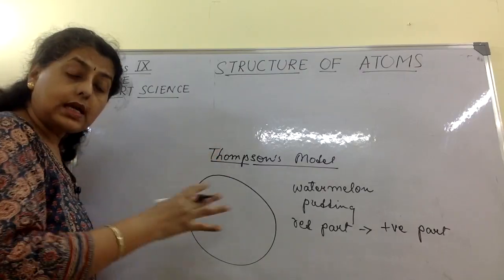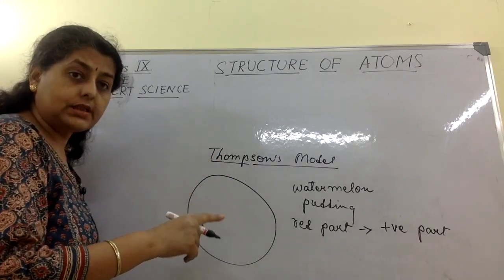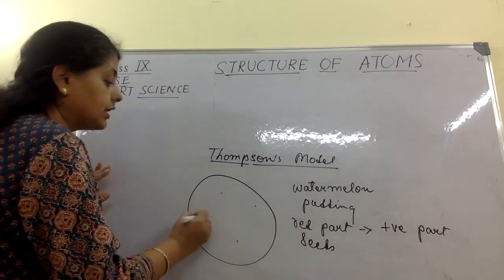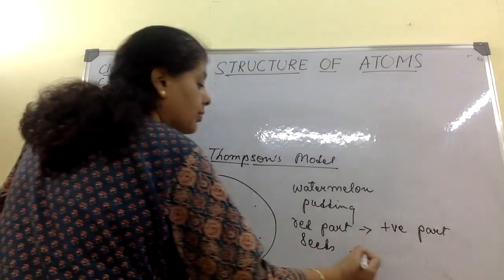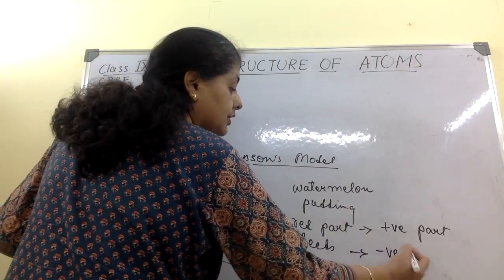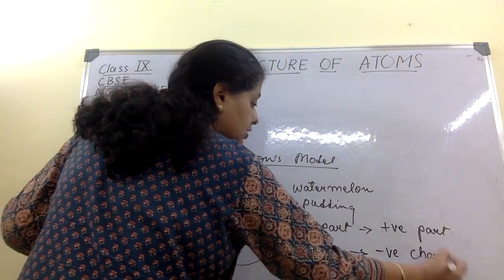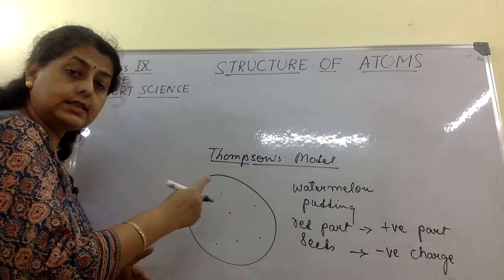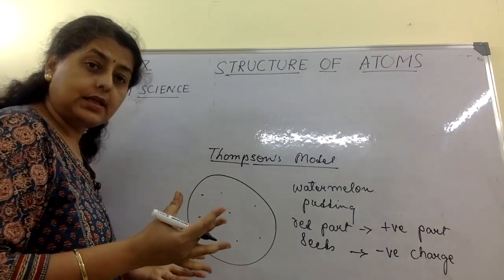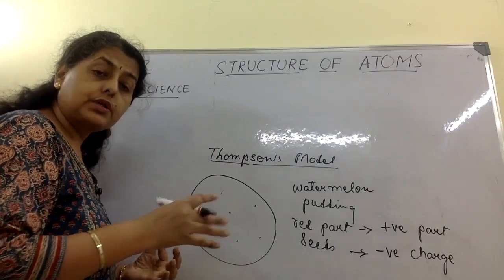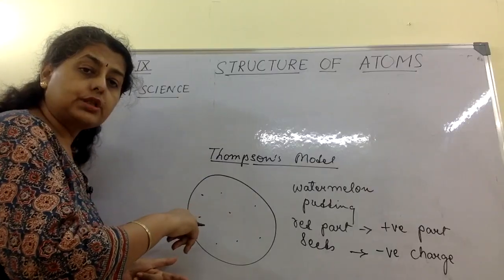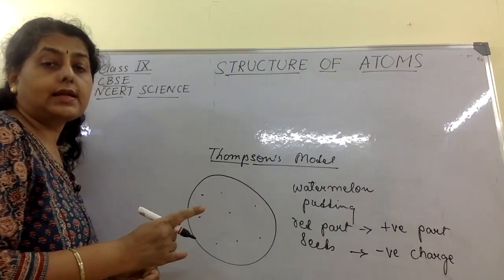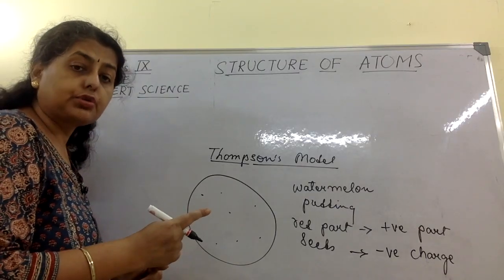The seeds of the watermelon, which were in between, gave the negative charge to the atom. Together the red part and the seeds made the atom electrically neutral. If there's something negative, there has to be something positive also, to make it electrically neutral.